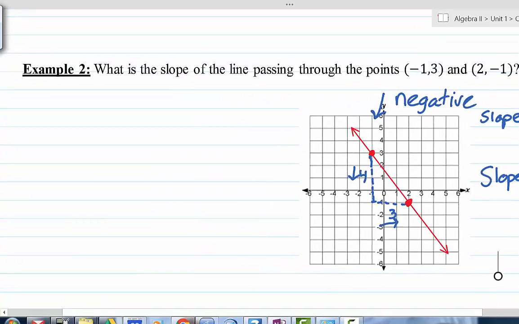If you did this algebraically, you should see it the same way. Remember, slope is equal to the change in y, or rise over run, the change in y over the change in x. Now, this triangle right here is the Greek letter delta.